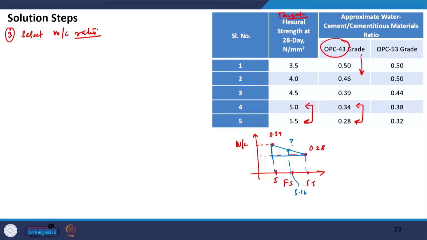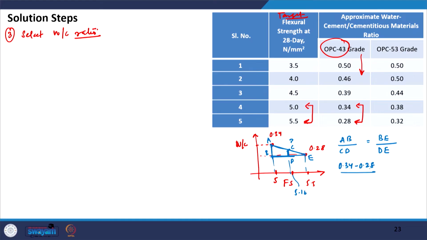You can see this triangle, these two triangles, let me call this as ABE, CDE. So, ABE and CDE, they are similar triangles. So, therefore, I can write that AB by CD is equal to BE by DE. So, AB becomes equal to how much? 0.34 minus 0.28.